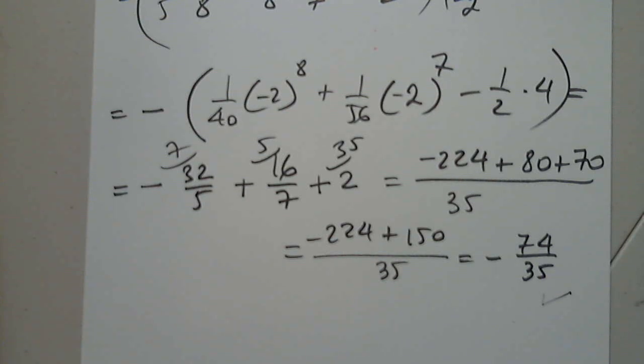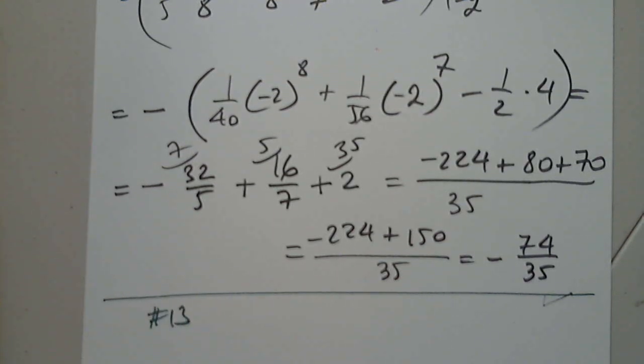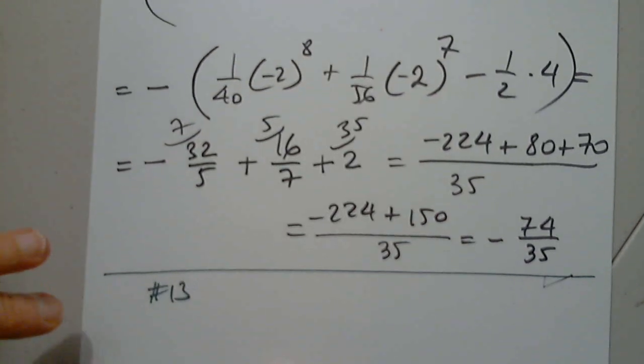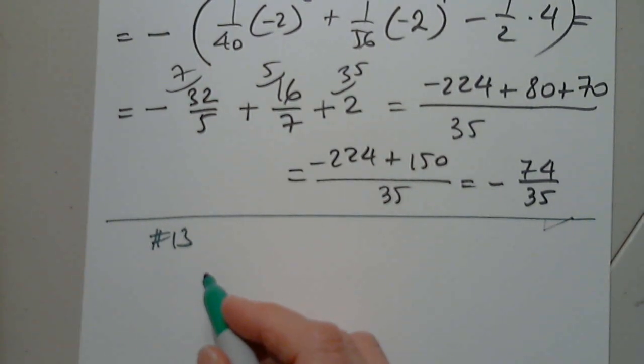Let's finish up the WebAssign, see if there is any left over. Here's question 13 on the website. 5.4. It's one of the acceleration ones. I'll just read it out.